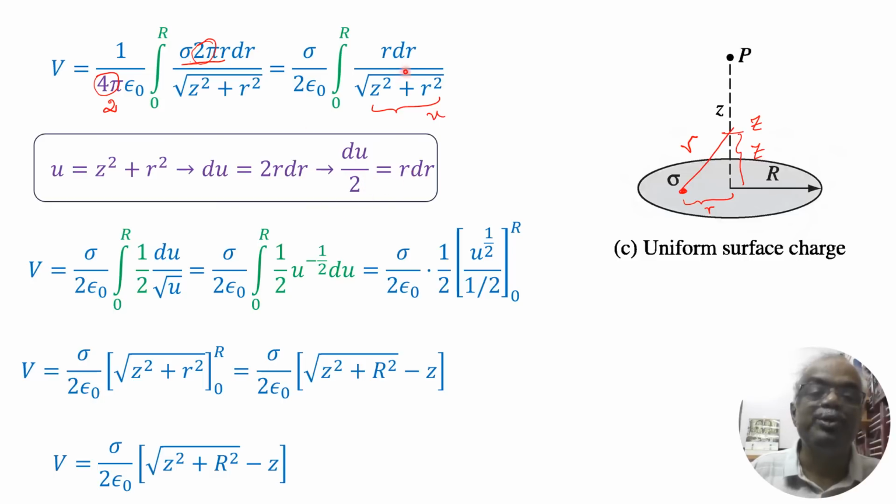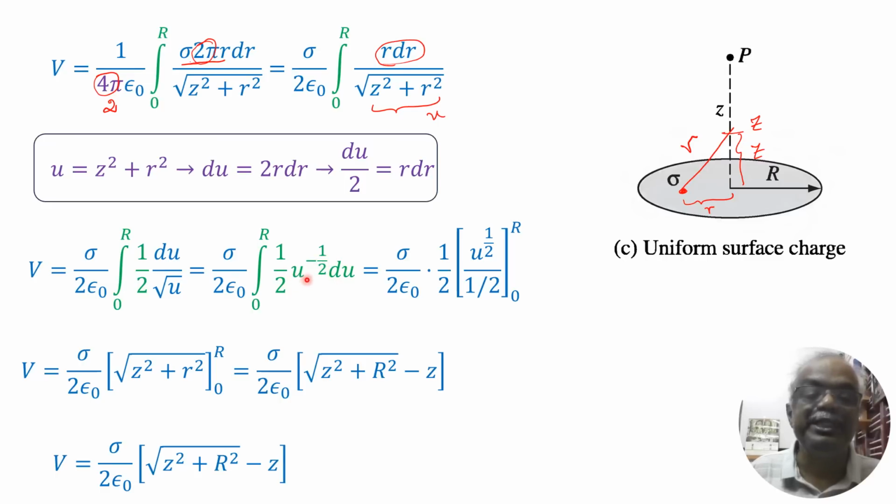Now you replace r dr by 1 over 2 du. So r dr is replaced by 1 over 2 du, and this is replaced by square root of u. So this can be written as half u power minus half.